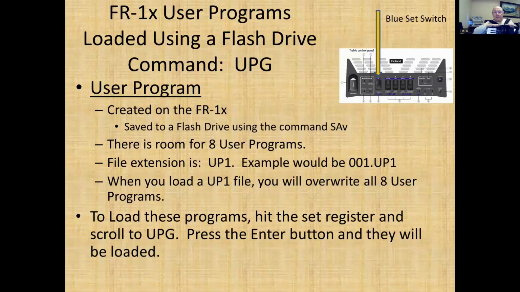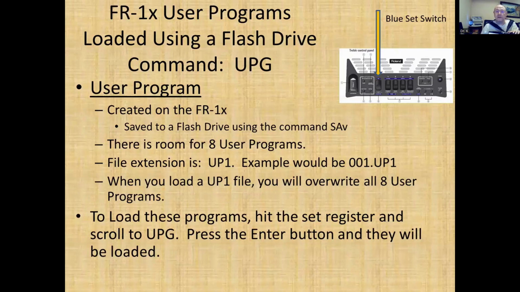Once you have them there, if you want to save them, this you can save. You go to your parameter list and you look for the command SAV. That will save all of those to a location on your flash drive.